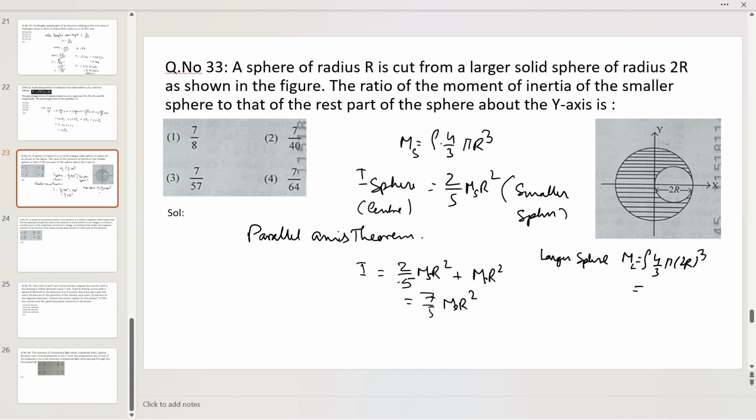You will find that the relation is 8 times the mass of the smaller sphere.